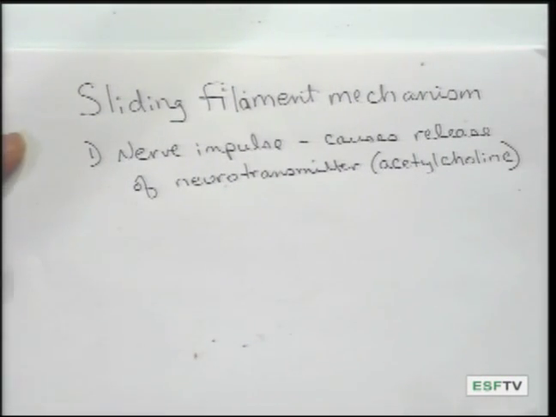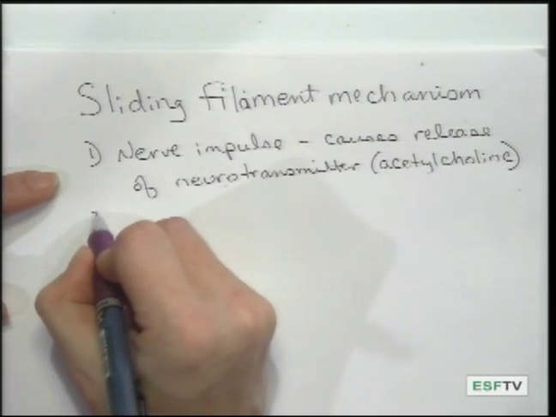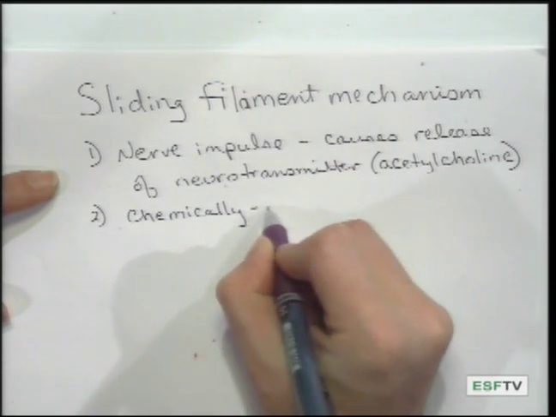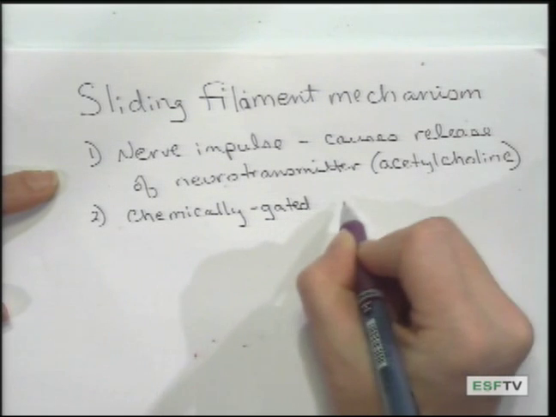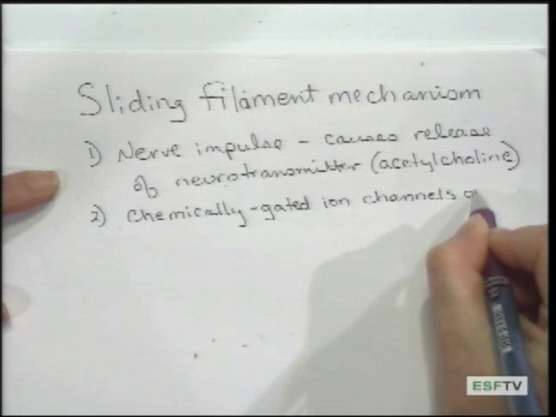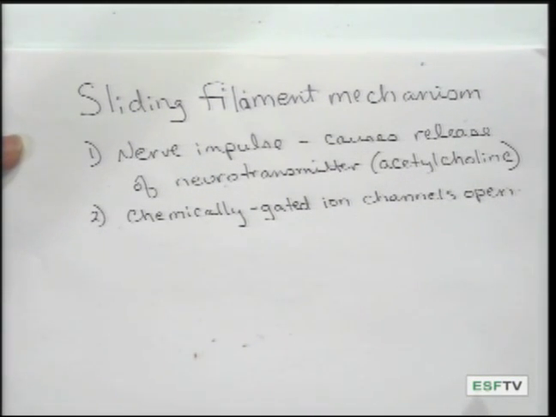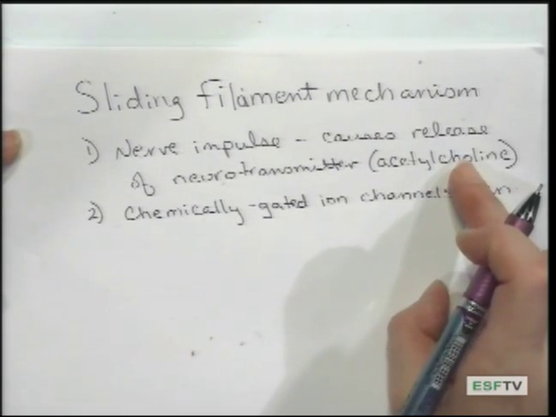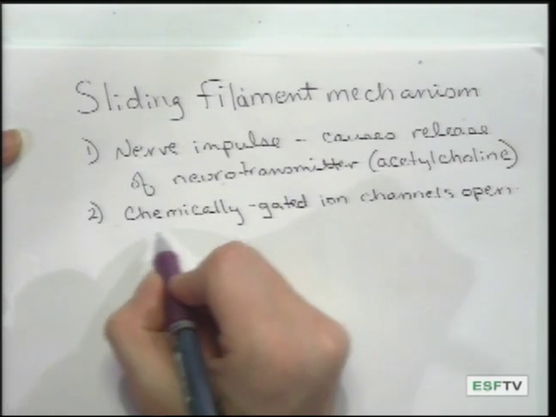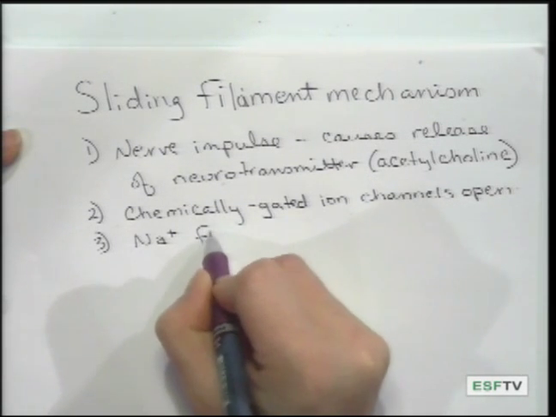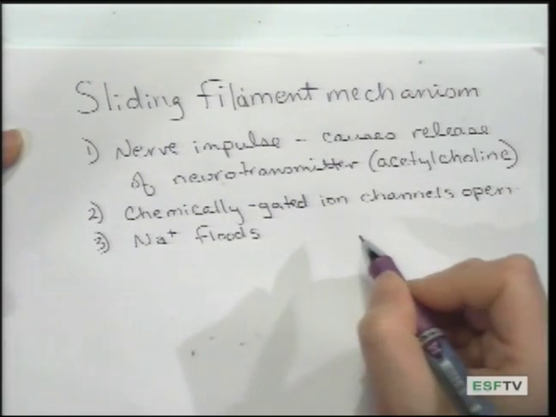Okay? From there, we have chemically gated ion channels that open. And when these chemically gated ion channels open, due to the release and the binding of acetylcholine, sodium floods into the receiving membrane, so the muscle membrane.